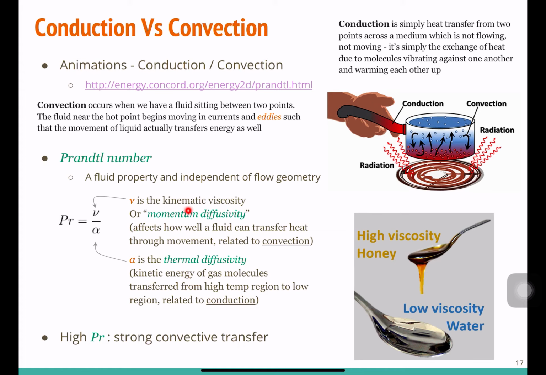By viscosity, you can see the comparison in here: honey has a higher viscosity and water has a lower viscosity. If we have a very high Prandtl number, it represents strong convective transfer. So the heat is transferred by convection more than thermal diffusion or conduction.